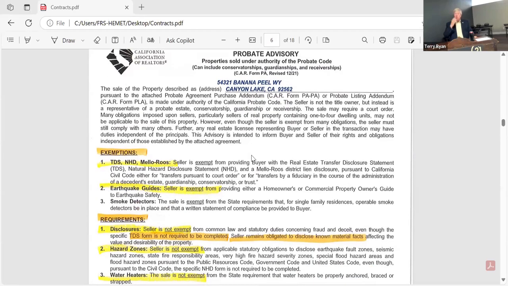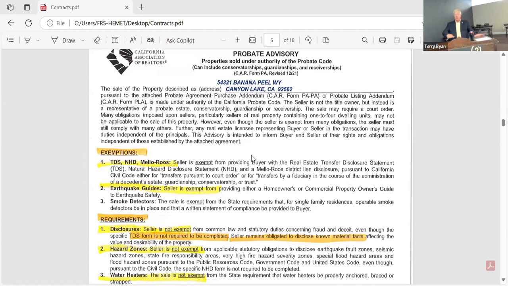Now, this is part of this probate advisory that downloads at the same time, and this is a critical part of it as well. And that is that there are exemptions to some of your required disclosure. Notice on here, it says the TDS, the NHD, and the natural hazard disclosure.